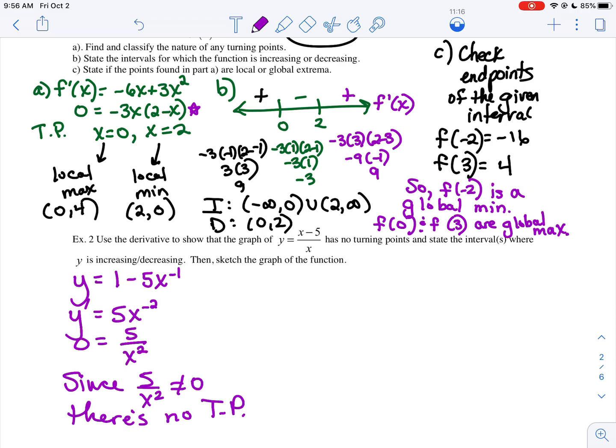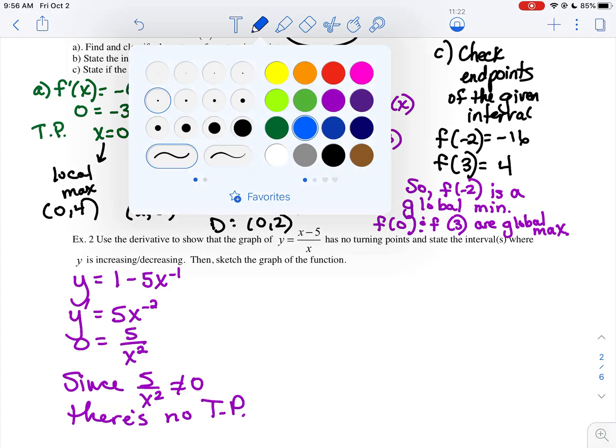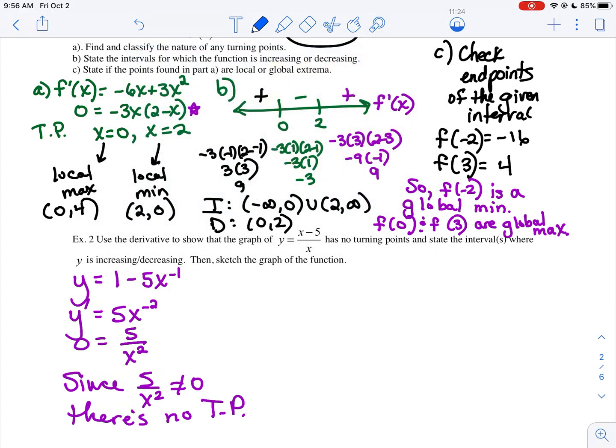Okay, so then if there's no turning points, though, I do have, and this is where in other books, a critical number is where the first derivative is equal to 0 or undefined. So at x is 0, something is happening there. Okay, something is definitely happening.